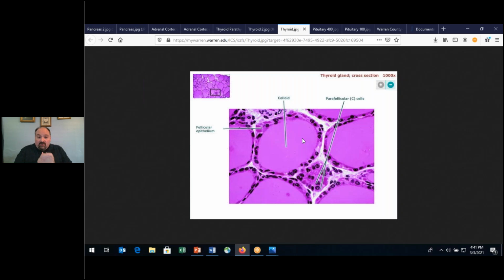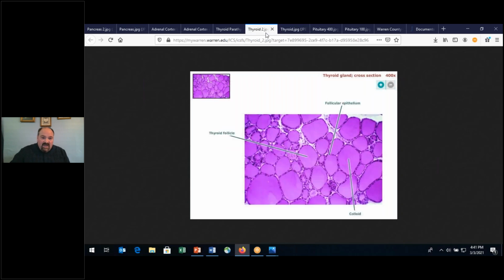So thyroid tissue, very distinct in how it looks, right? You can absolutely see that we've got these little pools of colloid surrounded by the follicular cells, and then we have the parafollicular cells in the spaces in the areas adjacent to the different follicles, okay?